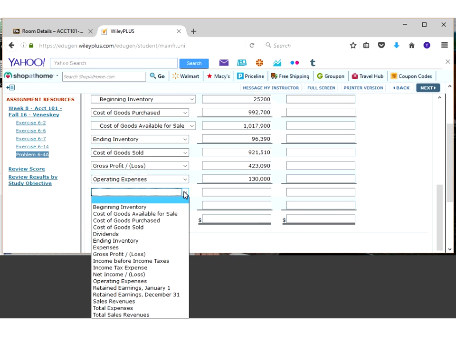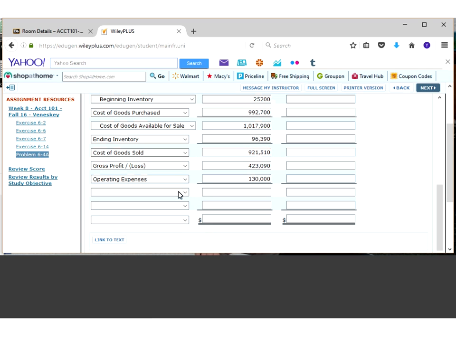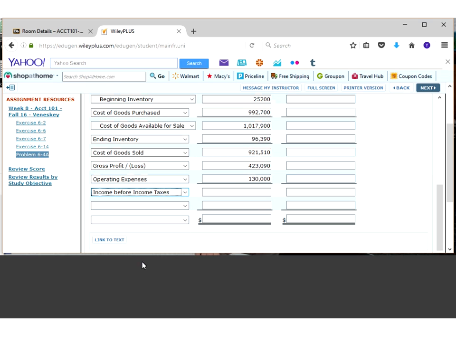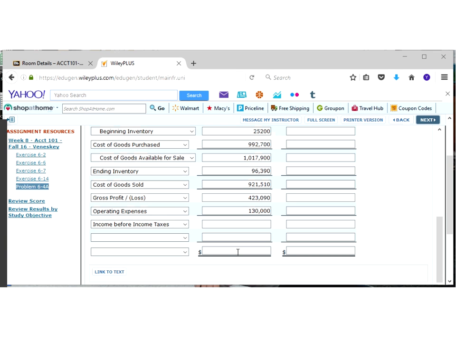Yes, almost, but if we're a corporation, we also have taxes. So this is going to be called income before tax. So we've got 423,090 minus 130,000 in operating expenses, which brings us down to 293,090.